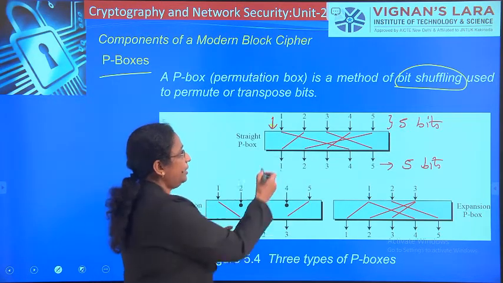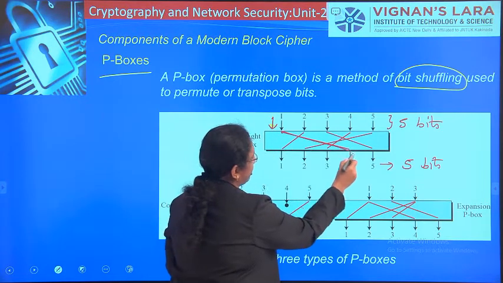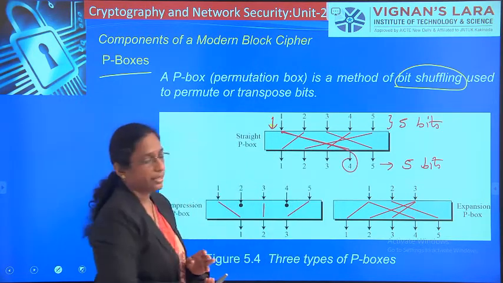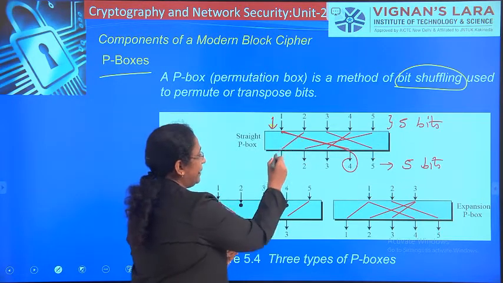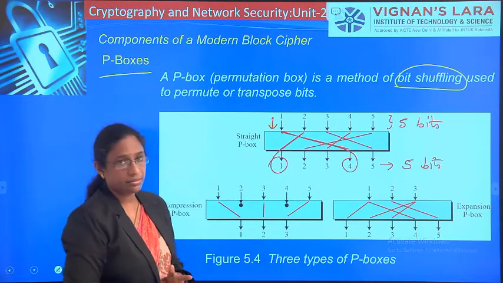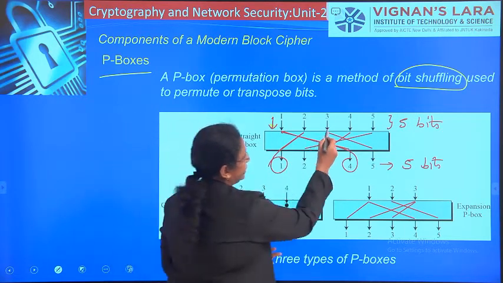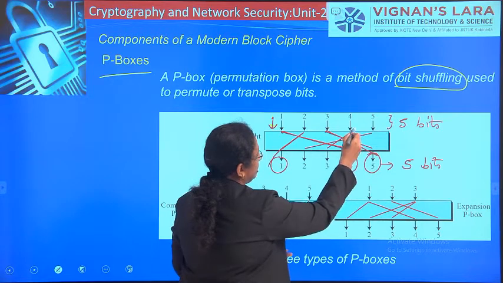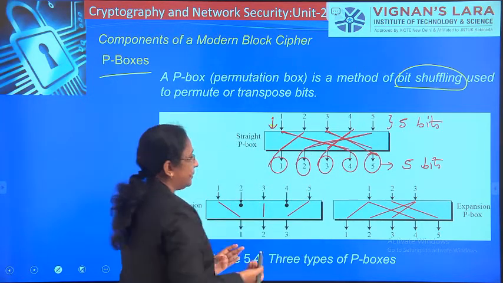Here the first bit is becoming the 4th bit, the second bit is becoming the first bit, the third bit is becoming the 5th bit, the 4th bit is becoming the 3rd bit, and the 5th bit is becoming the 2nd bit.